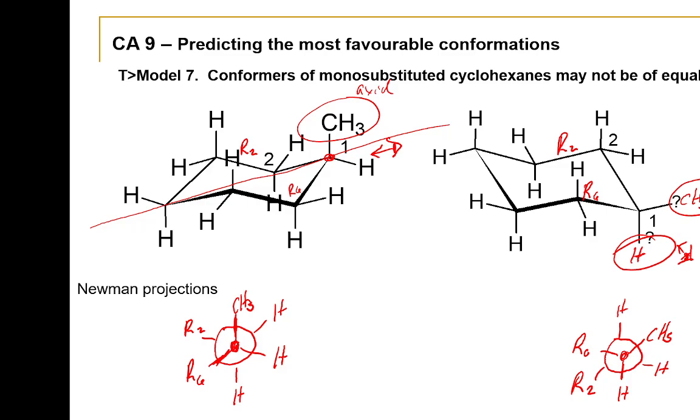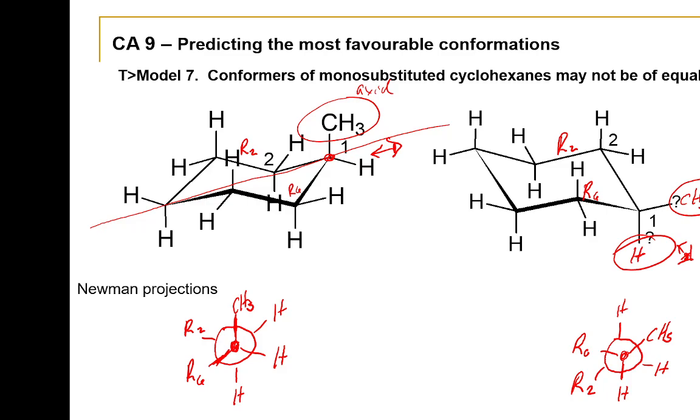Based on what we talked about last class, can we say that one is more stable than the other? They both have the same torsional strain, right? Because they're both staggered. They both have the same angle strain, if you will, because the bond angle is close to 111.